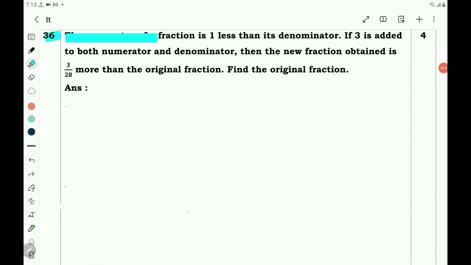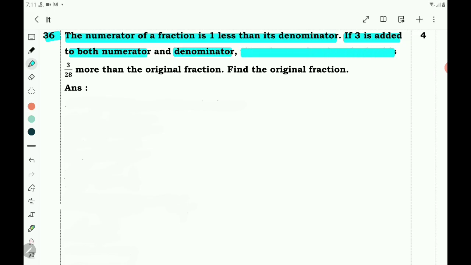The numerator of a fraction is 1 less than its denominator. If 3 is added to both numerator and denominator, then the new fraction obtained is 3 by 28 more than the original fraction. Find the original fraction.